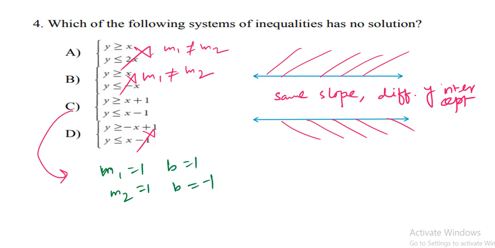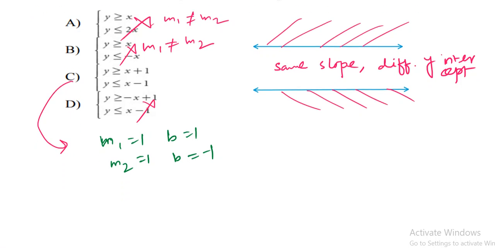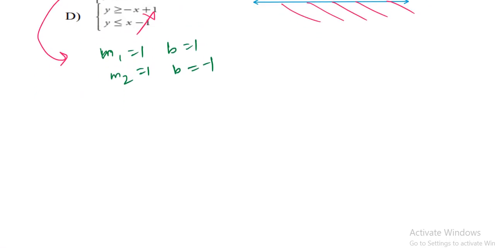So the graph of this system is drawn here. How to draw it?